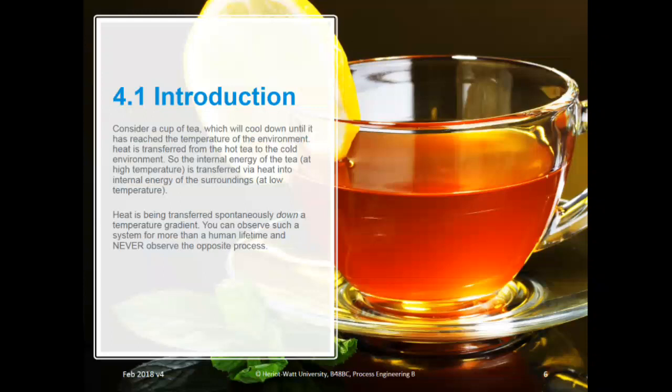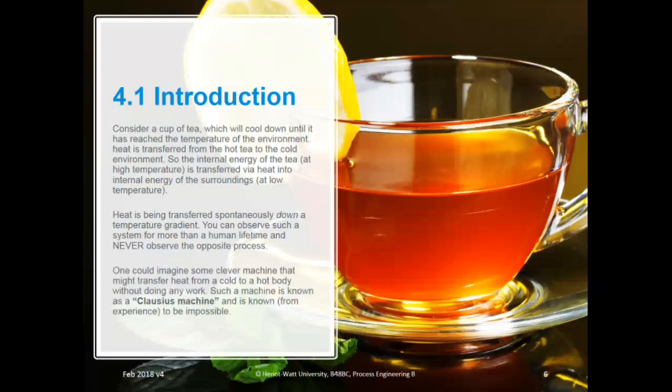I know the principle is quite simple, but remember, in real life systems, you can only move from hot to cold. You can observe such a system for more than a human lifetime. I mean, you'll never observe the opposite process. Now, there's quite a few claims out there that say you can, but so far none of them have panned out.